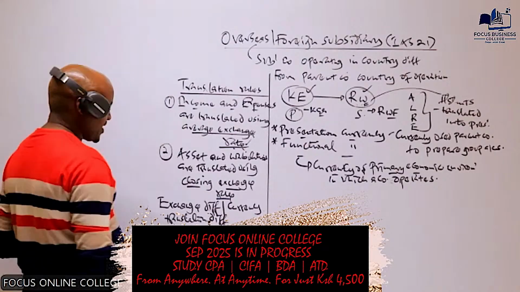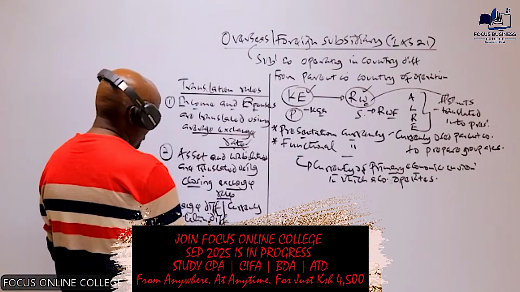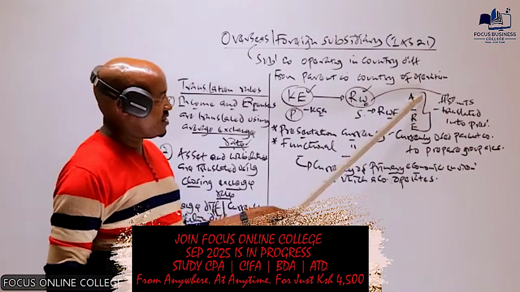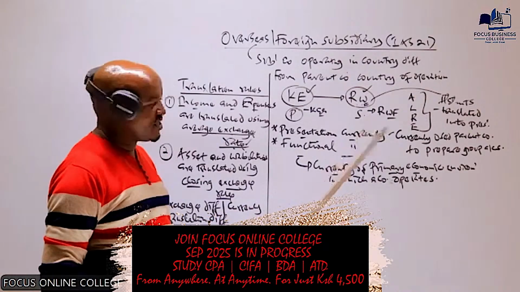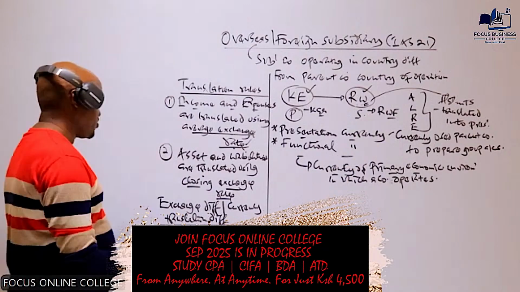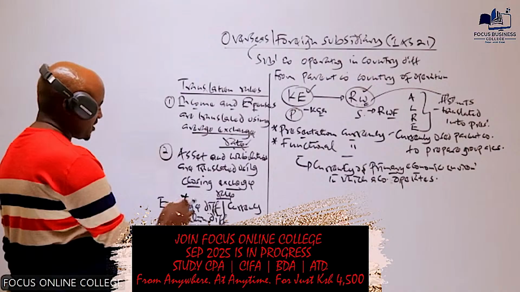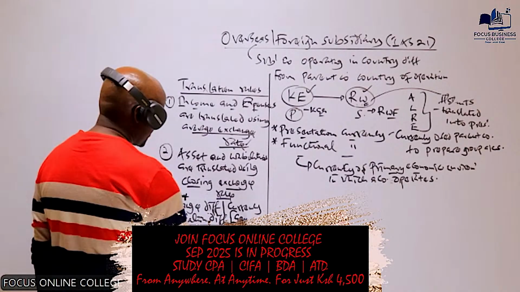Currency translation difference is an exchange difference which arises from translating the items of assets, liabilities, revenue, and expenses of this foreign subsidiary into the presentation currency, and it can either be a gain or a loss.